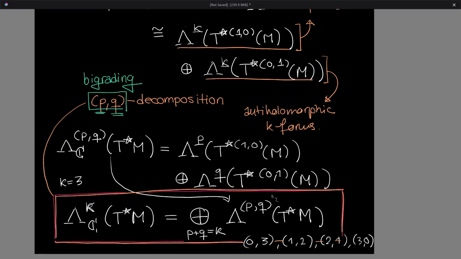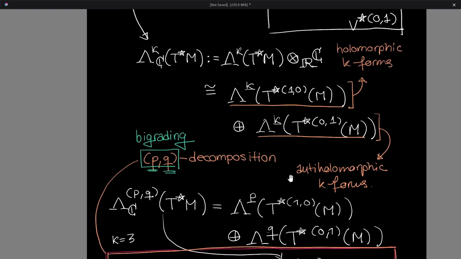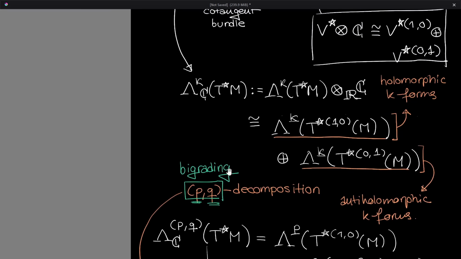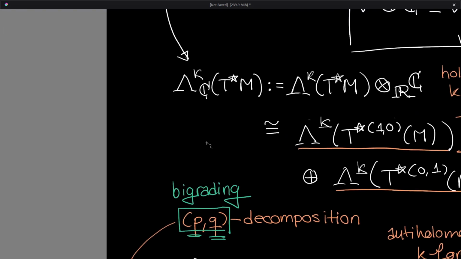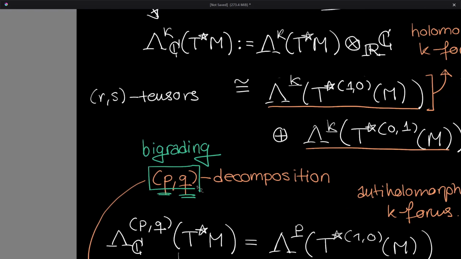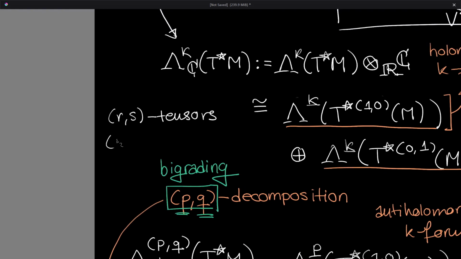The fact that the P side is holomorphic and the Q side is anti-holomorphic will make this a very powerful decomposition technique. And one thing I just want everyone to be careful of is that we now have RS tensors, and we have PQ forms, right?